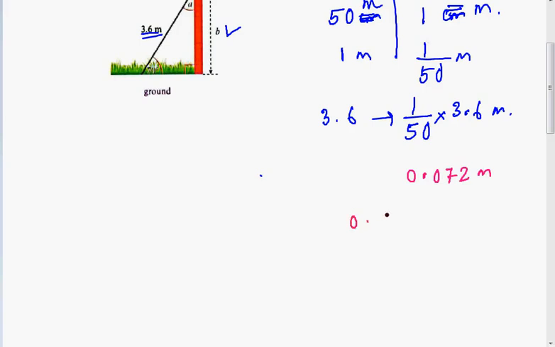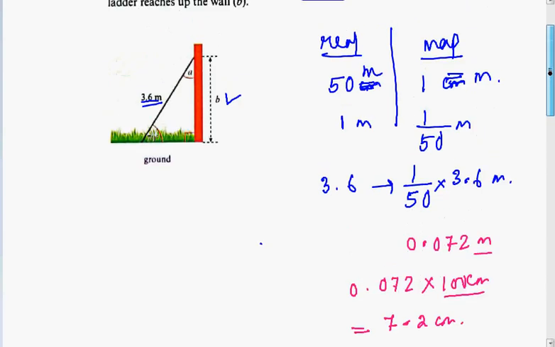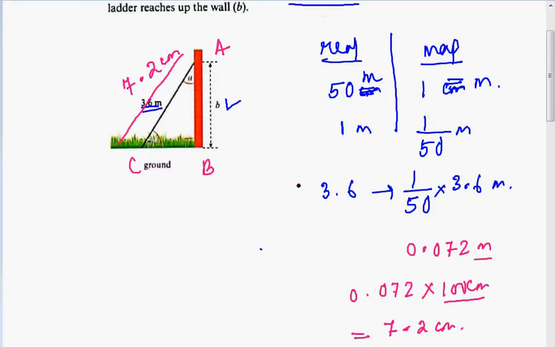So to convert it into centimeters, we will multiply by 100, as 1 meter is 100 centimeters. So this is 7.2 centimeters. So this length is 7.2 centimeters. Let's name this figure. This is A, B and C.